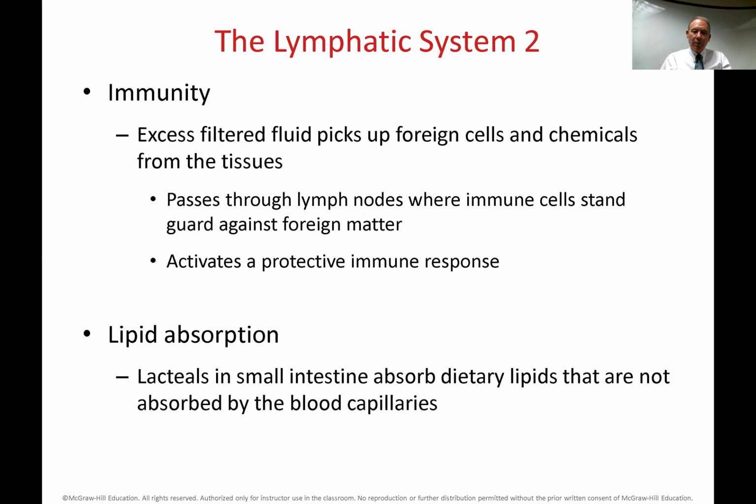Also, lipid absorption. Lipids are kind of large molecules. It'd be very hard for them to pass through the walls of a capillary. And don't forget, the cardiovascular system is completely closed. Yes, small molecules can pass in and out through the capillaries because they're only one cell layer thick, but large molecules can't.